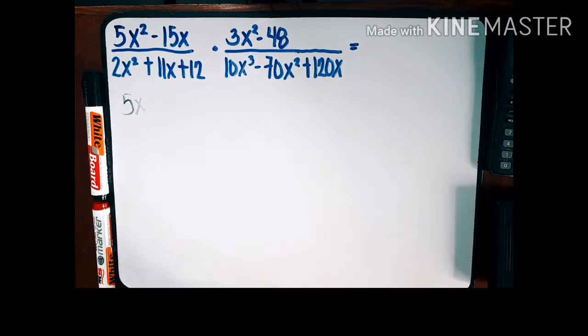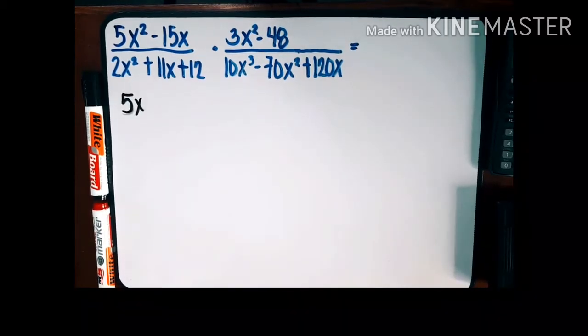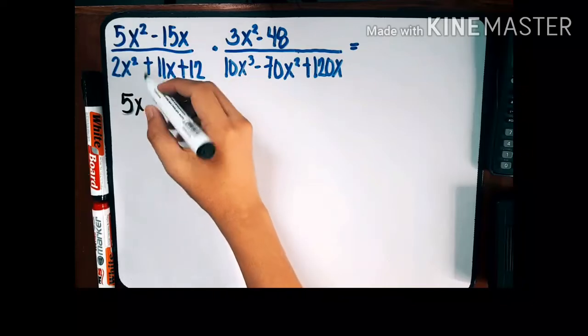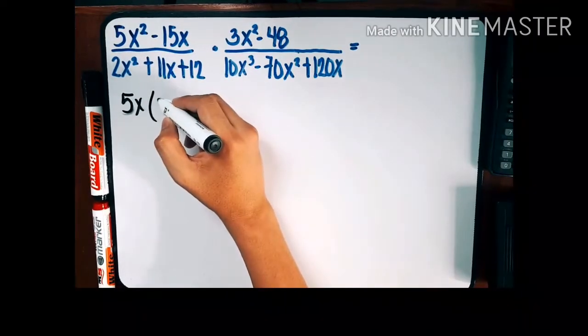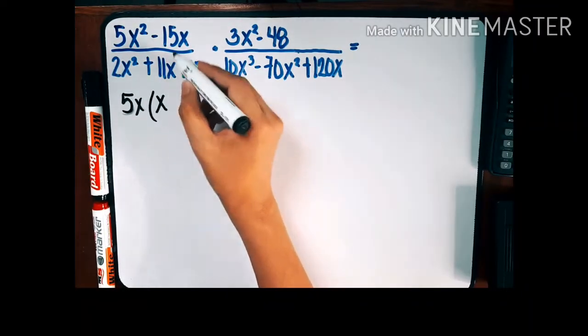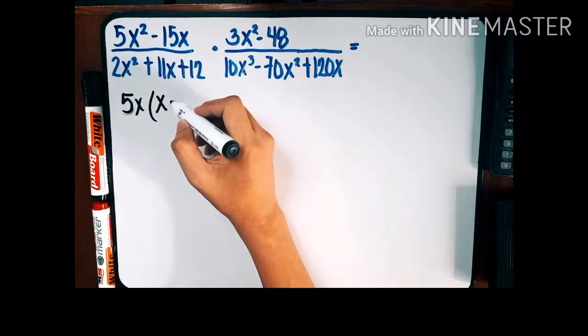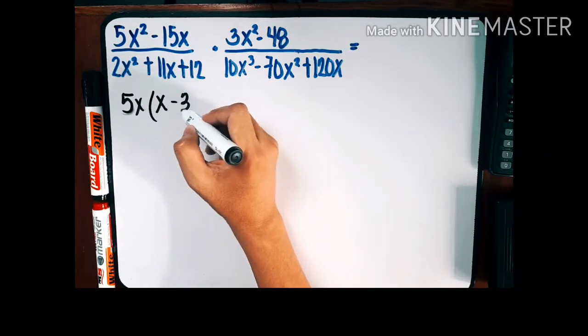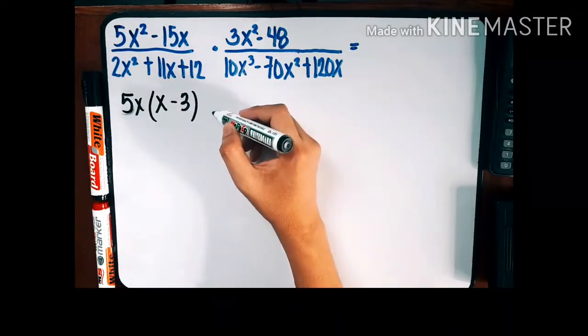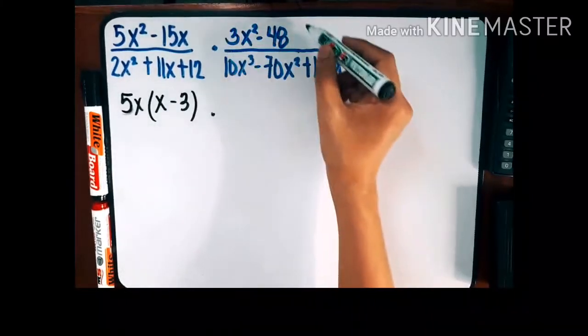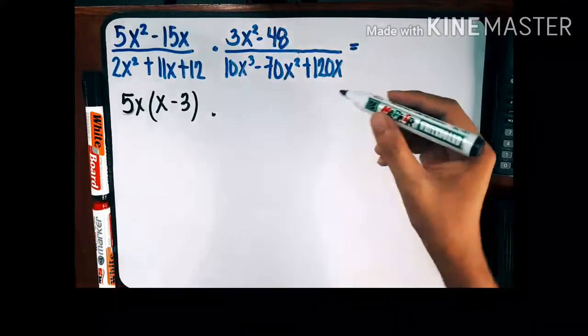Okay? And 5x squared divide 5x is x. And negative 15x divide 5x is negative 3. And ito, multiply, i-factor na lang muna natin 3x squared minus 48.